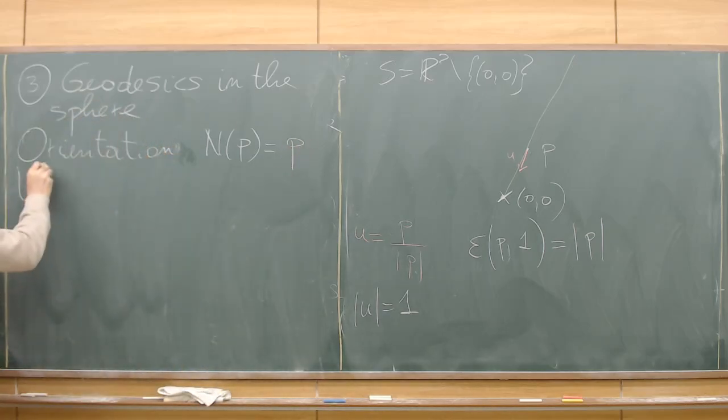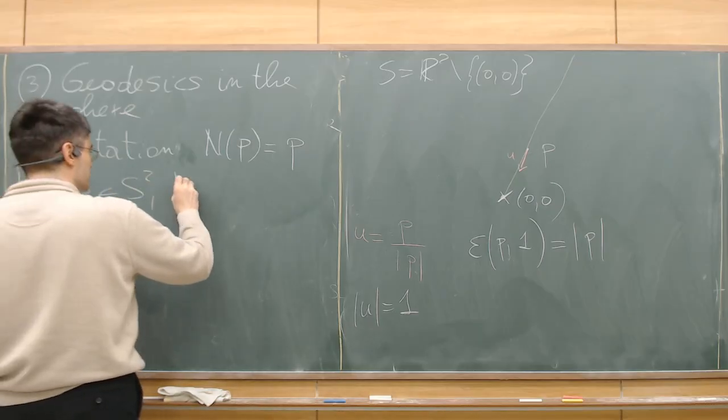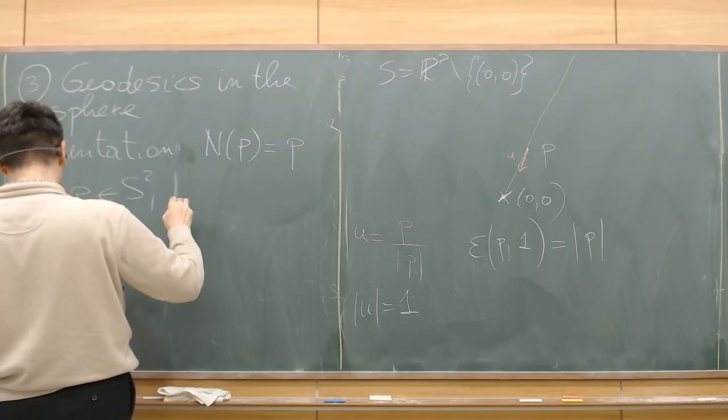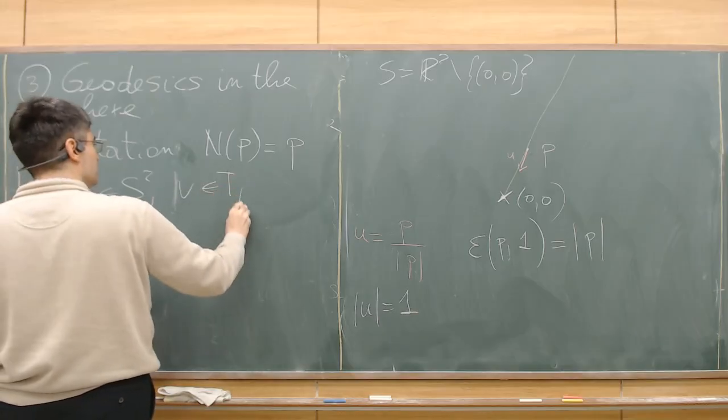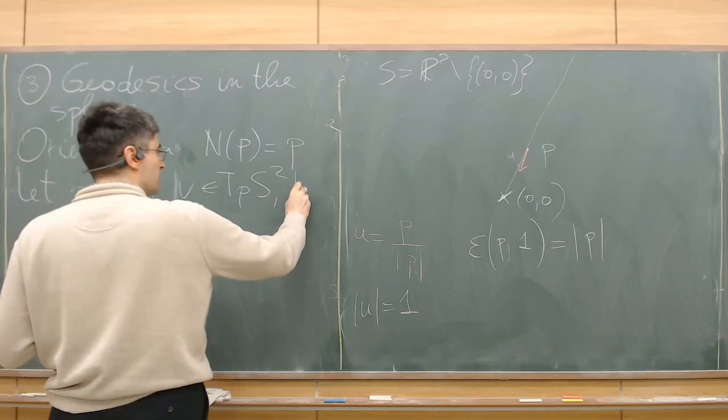Let P be a point of S2 and V a vector in T_P S2 of length 1.